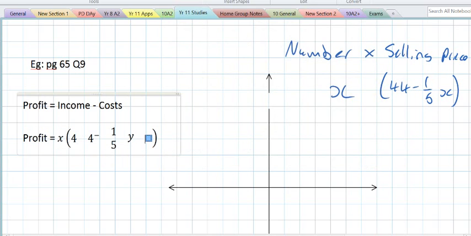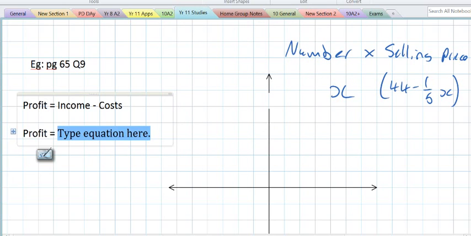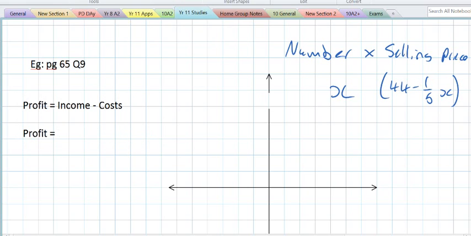So that's not a C, it's an X. Alright, x times 44 take 1 on 5x. I'll just go with handwriting. So that is the number of toasters multiplied by the selling price of each toaster. That's the amount of money that's coming into the company.